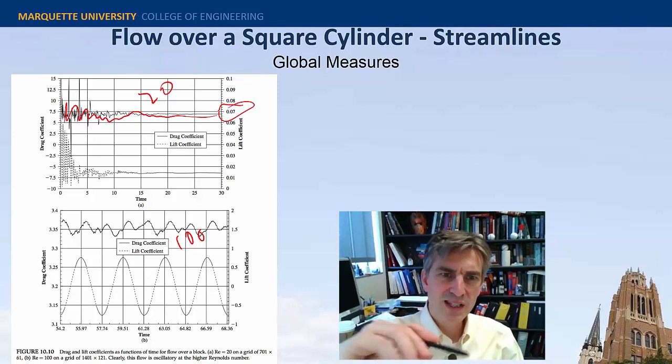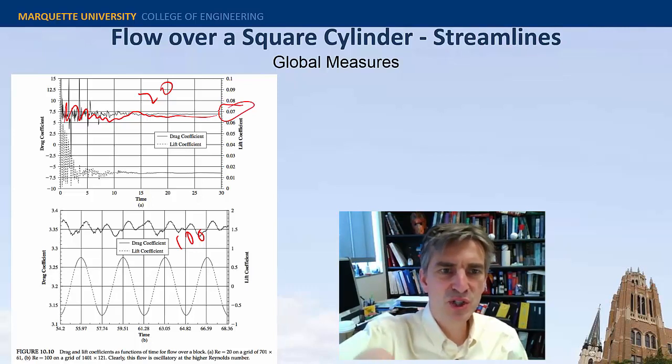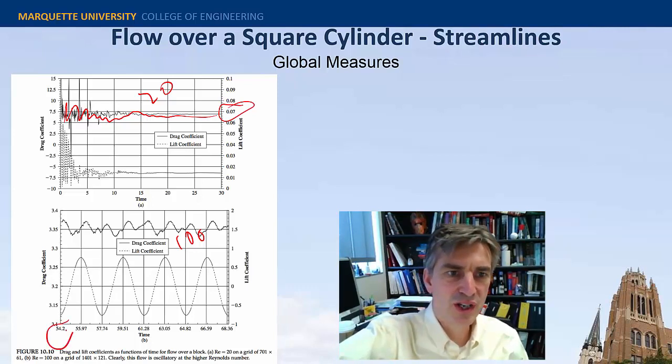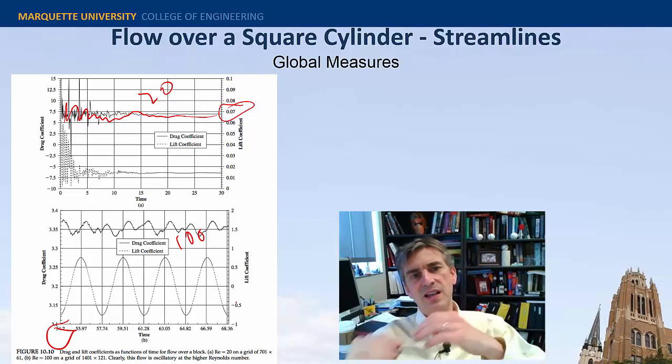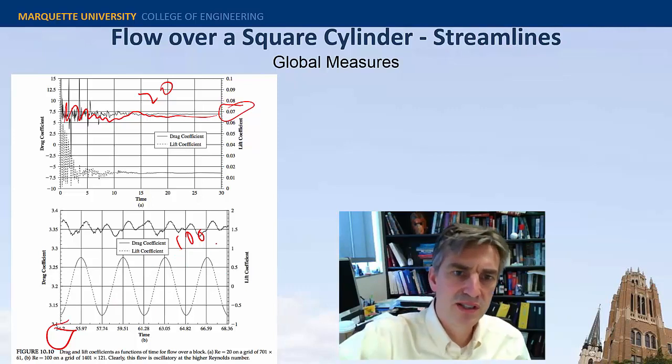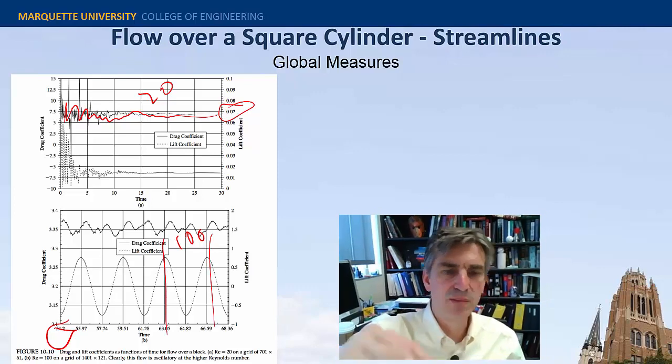But when you've got this vortex shedding, you would have some initial instability, and then it would come to some beautiful steady state as it fluctuates as every vortex is being shed. So this is the shedding period here.